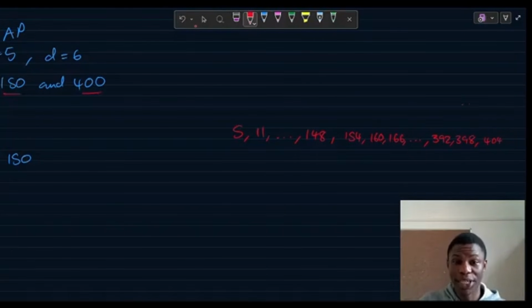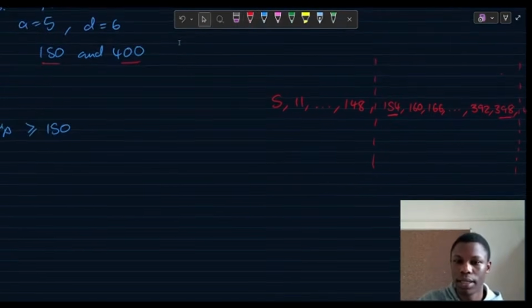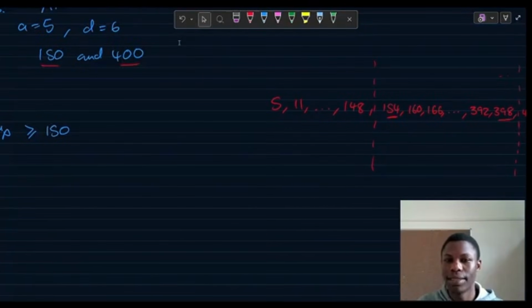Assuming this is what our sequence looks like, our cutoff point would be here, because this is the first term that's more than 150, and our cutoff point on this side is here, because this is the last term that's more than 150 but less than 400. So we need to find the actual positions of these terms.